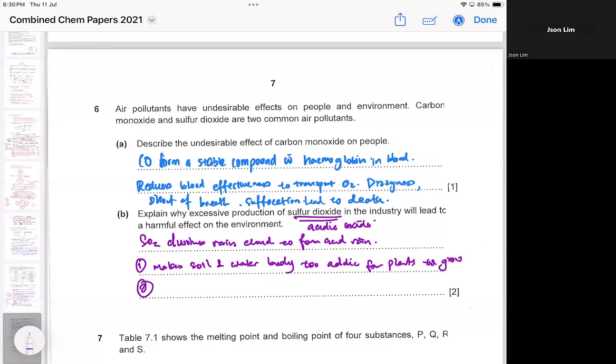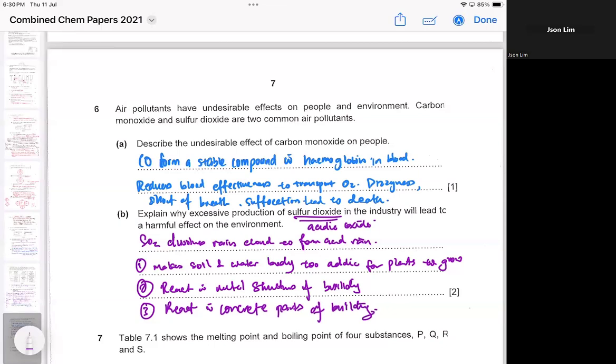And also as an acid, it is able to react with the metal structures of buildings. And also concrete, because concrete is made of cement.